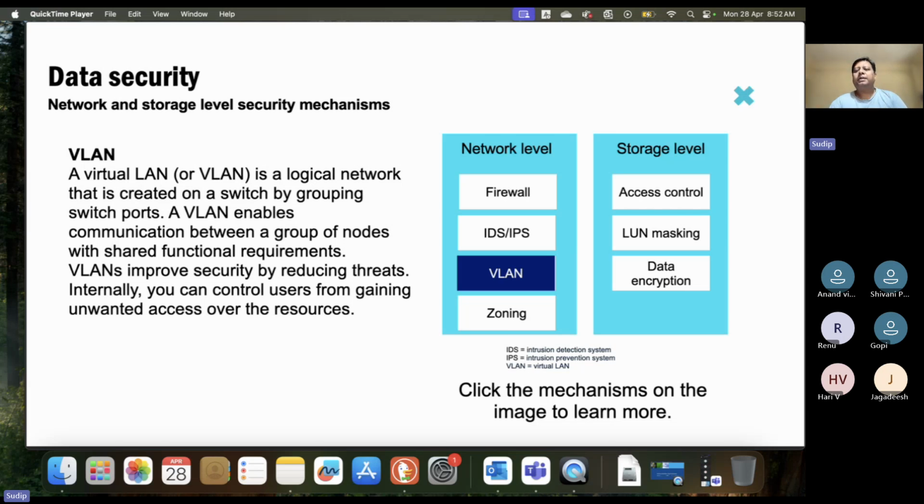That's all fine, but if a packet comes inside after the firewall, after the IDS IPS, and even after passing the firewall and the IDS IPS, still there is some malicious content inside it.